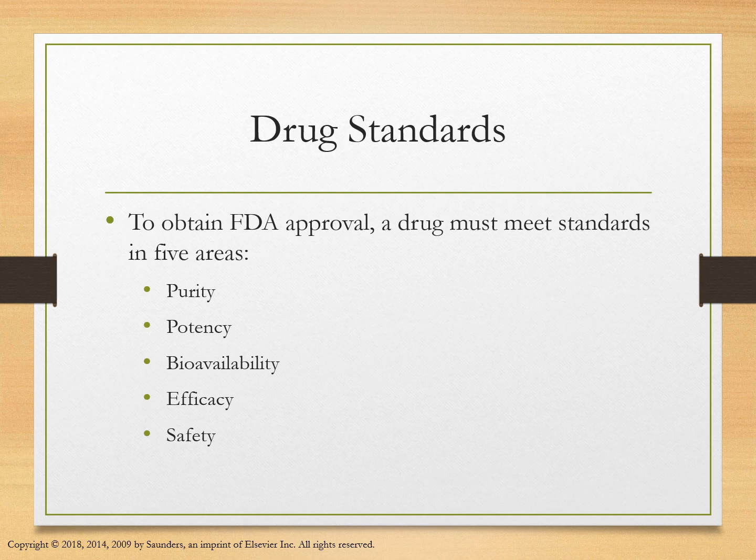Bioavailability, that refers to how well it is used and absorbed by the system for it to work effectively. Efficacy and safety, those kind of go hand in hand as far as how drugs pass their drug standards.